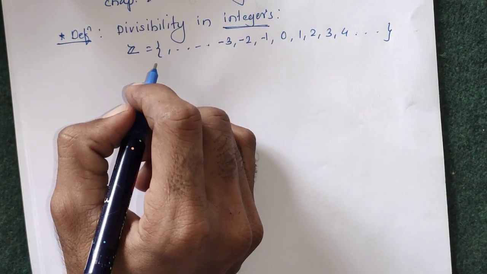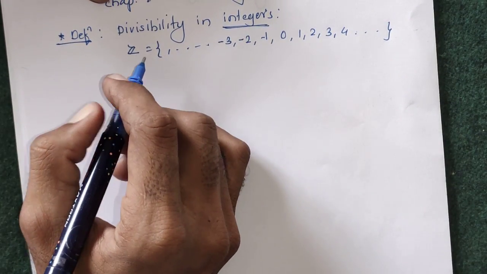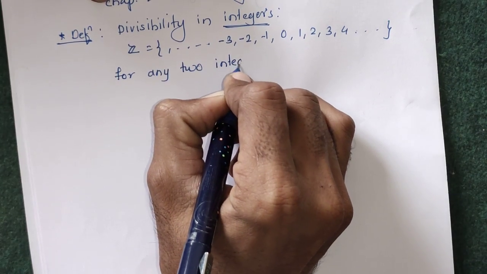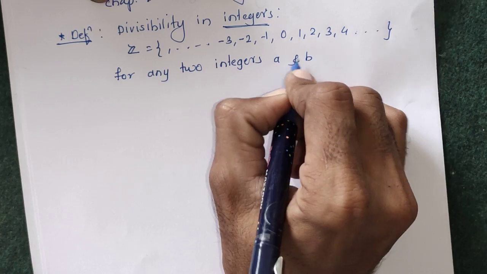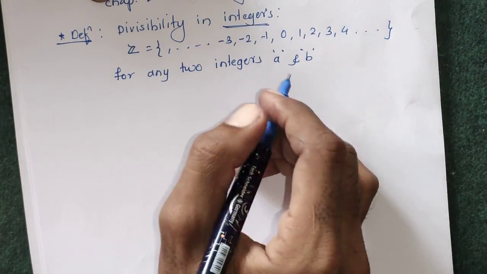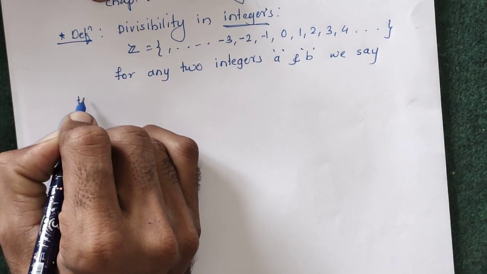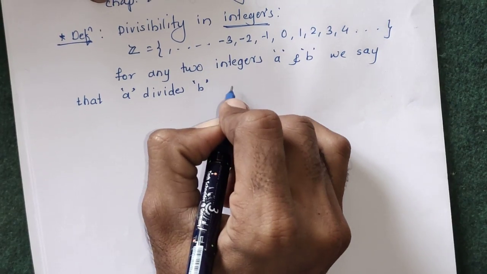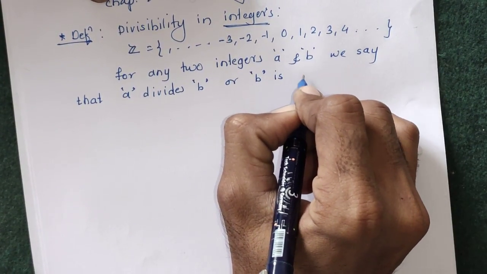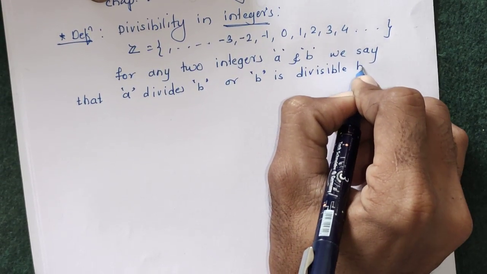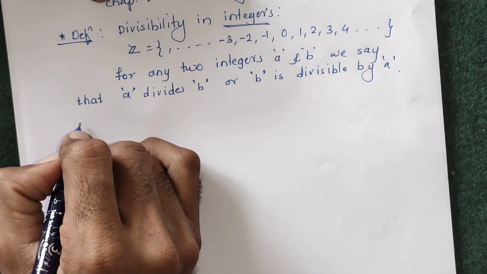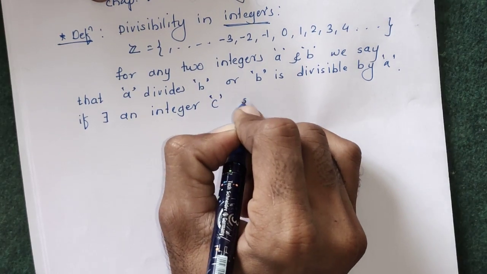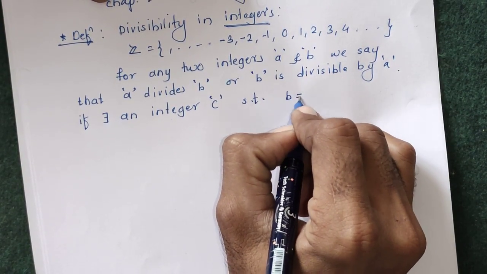So, let us see the definition. The definition of divisibility is: for any two integers a and b, we say that a divides b, or b is divisible by a, if there exists an integer c such that b is equal to a into c.